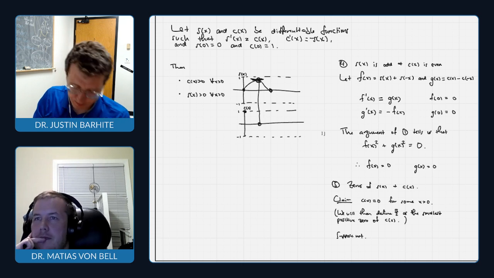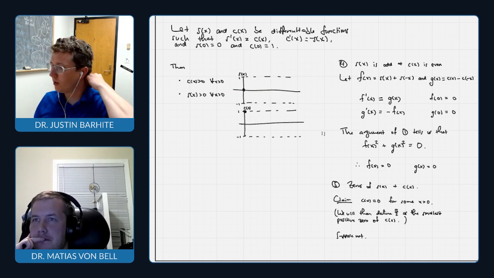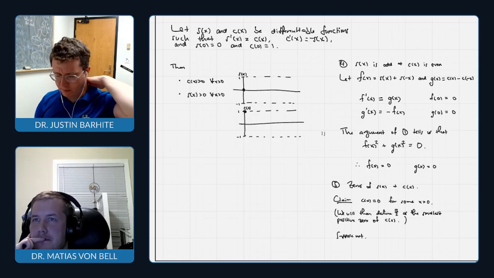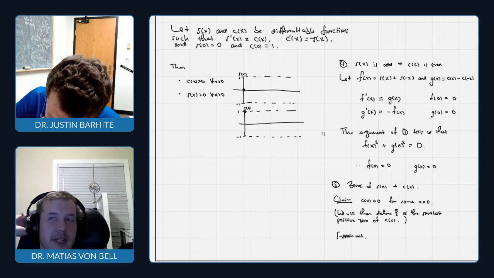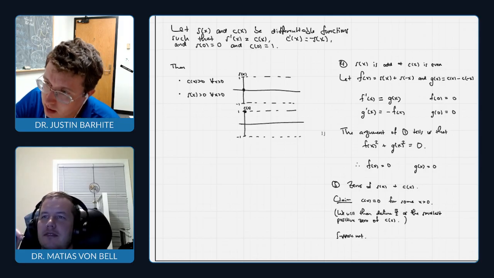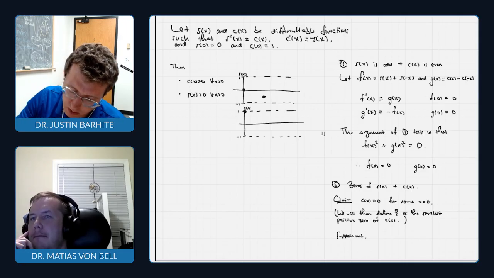Rolle's theorem, of course, being the special case of the mean value theorem, where the endpoints have to be the same height. So S of x is never 0 for positive x.